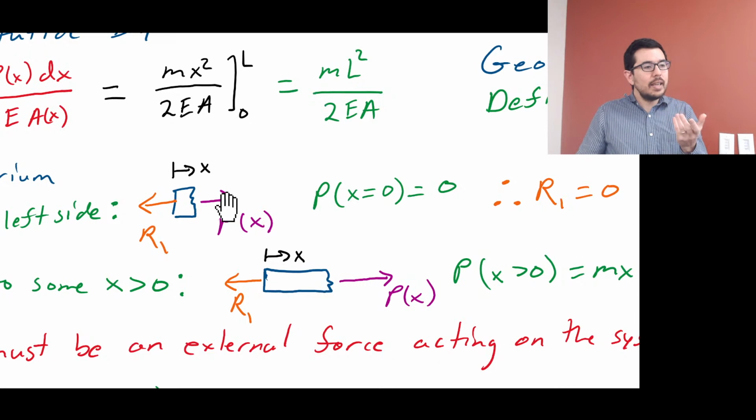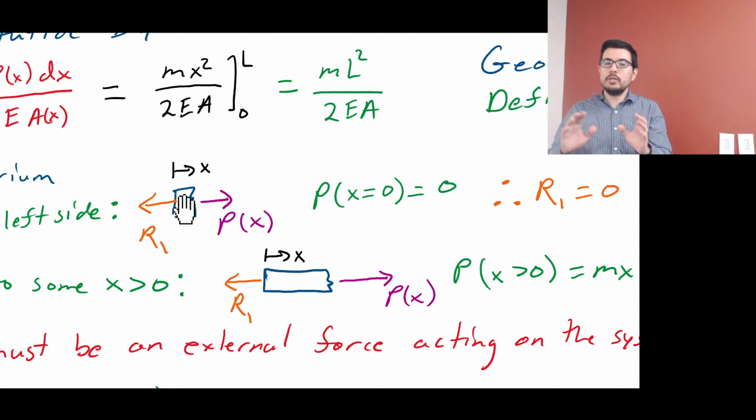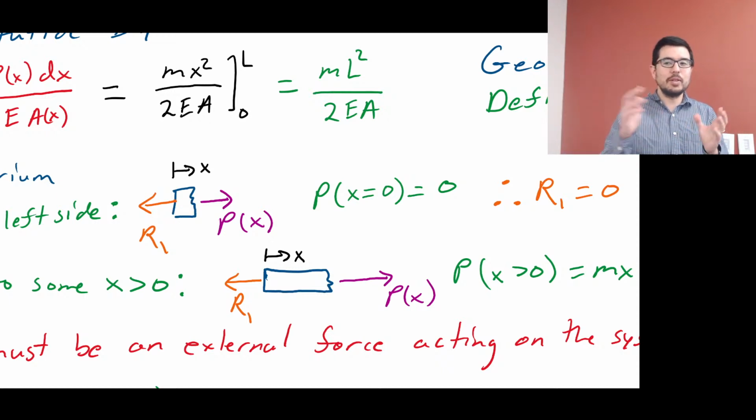If I'm trying to preserve equilibrium, then R1 also has to be equal to 0, because there's no other external force acting on the system.